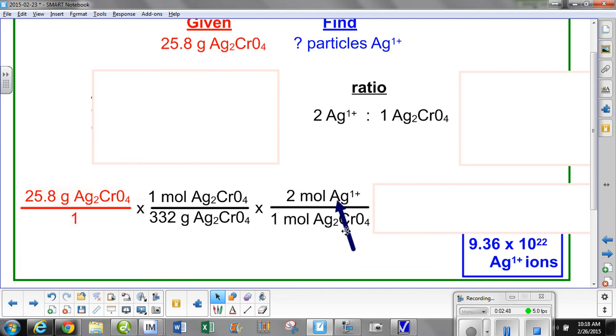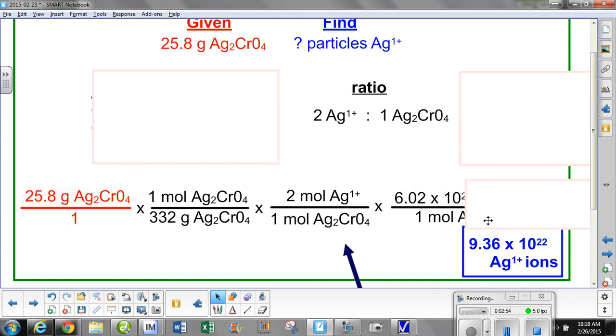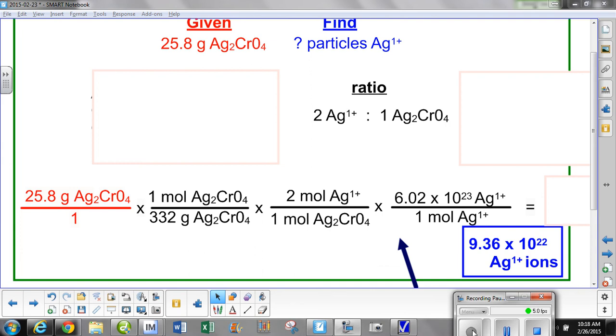Now, once we're here, I think you're in pretty good shape for the last part, because you've done this so many times. And that is using the Avogadro number for the ratio of moles of anything to moles of anything. But in this case, the moles are particles of silver ions. And so when you run all the numbers, this is what you're going to get for an answer.